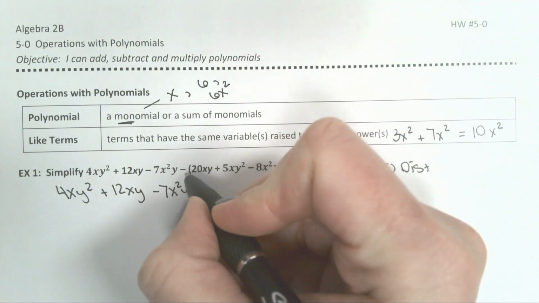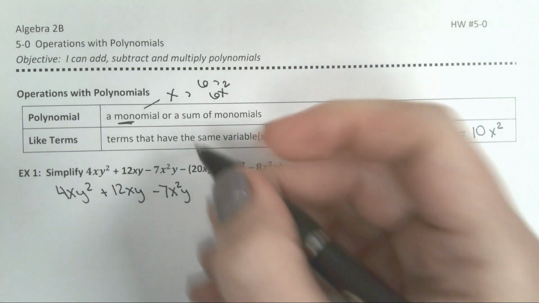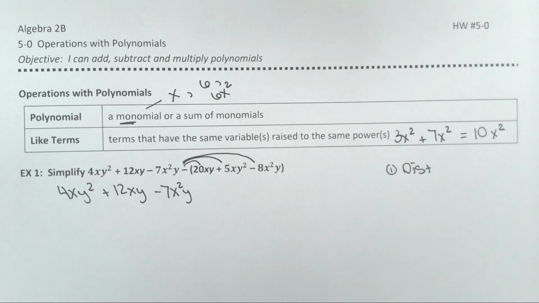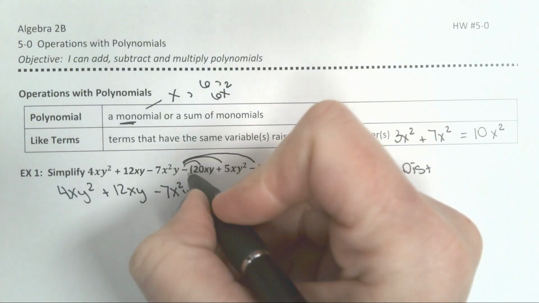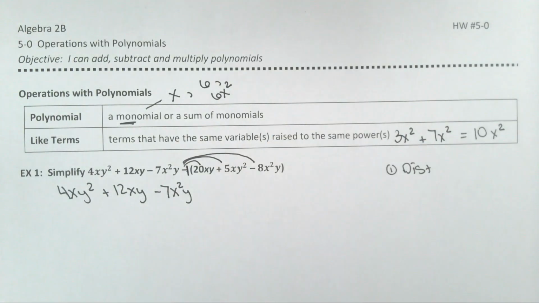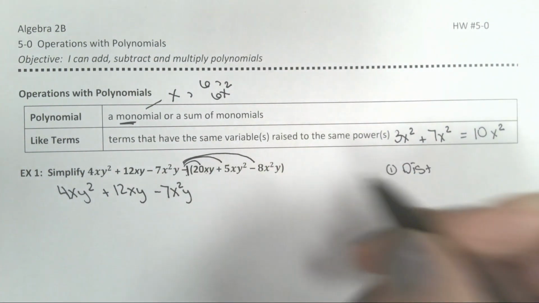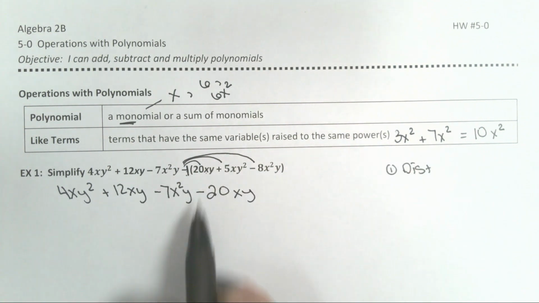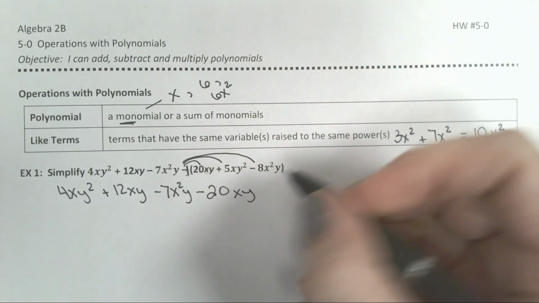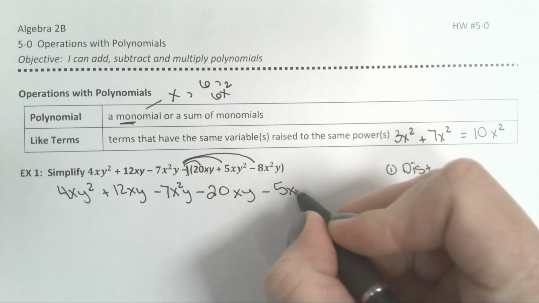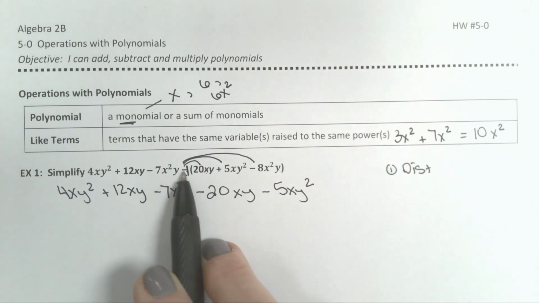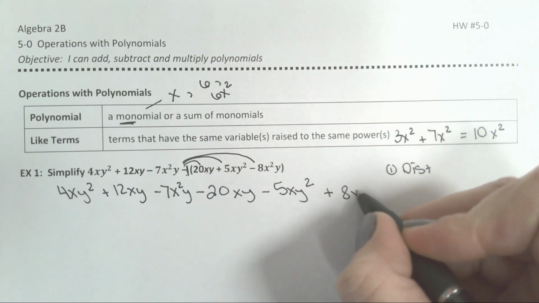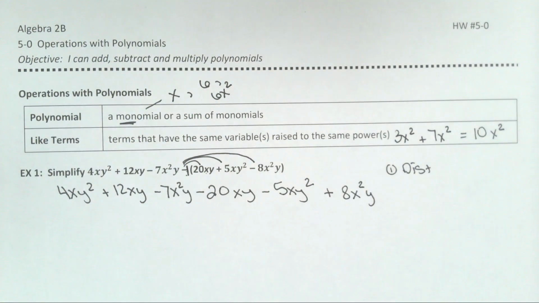And then the negative sign, when you distribute it, it simply changes all those signs. If you don't like the fact that it's just a negative, you could put a 1 there if you want. So negative times that, just change the sign to negative 20xy. Negative times positive goes negative 5xy squared. And then the negative times the negative goes positive 8x squared y.